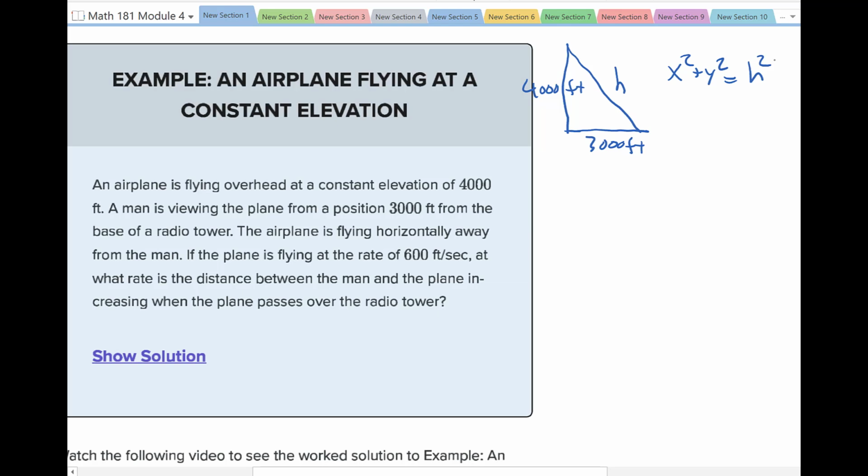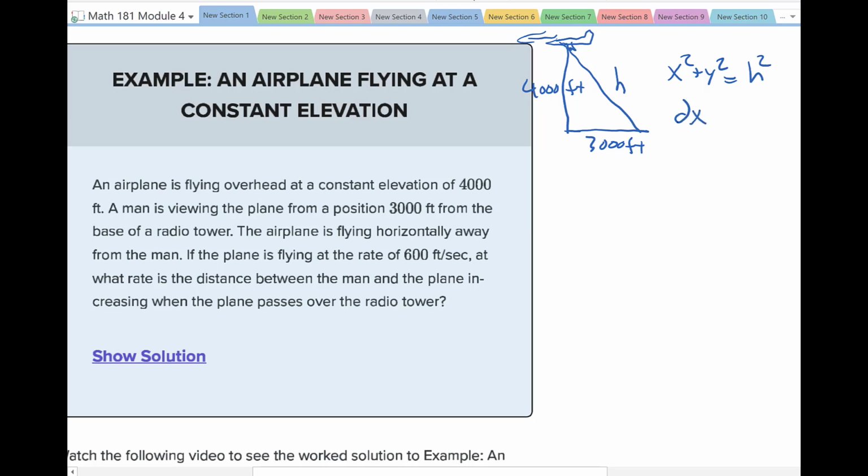Now, what we do know, we know x is going to be a constant. Y is the part that, no, y is a constant. X is changing because it's flying away. The airplane is going away. Okay. It's going that way, that direction there. And I'm just going to say it's 600 feet per second. That's our dx dt.